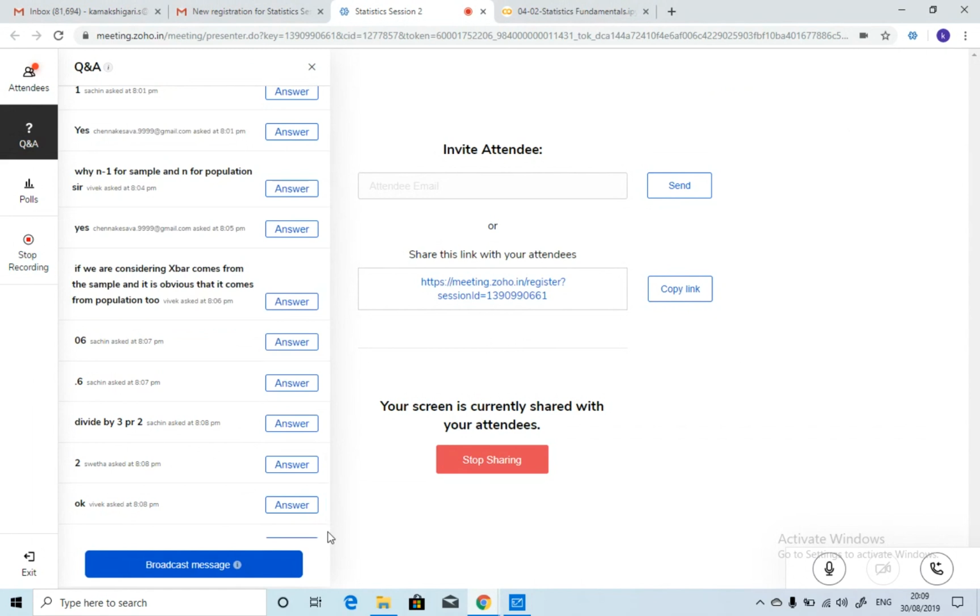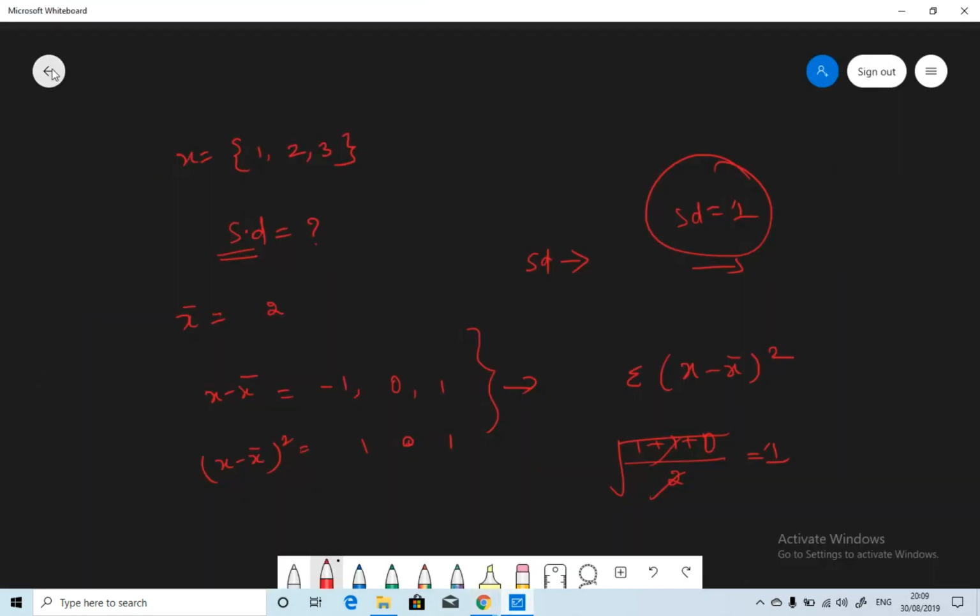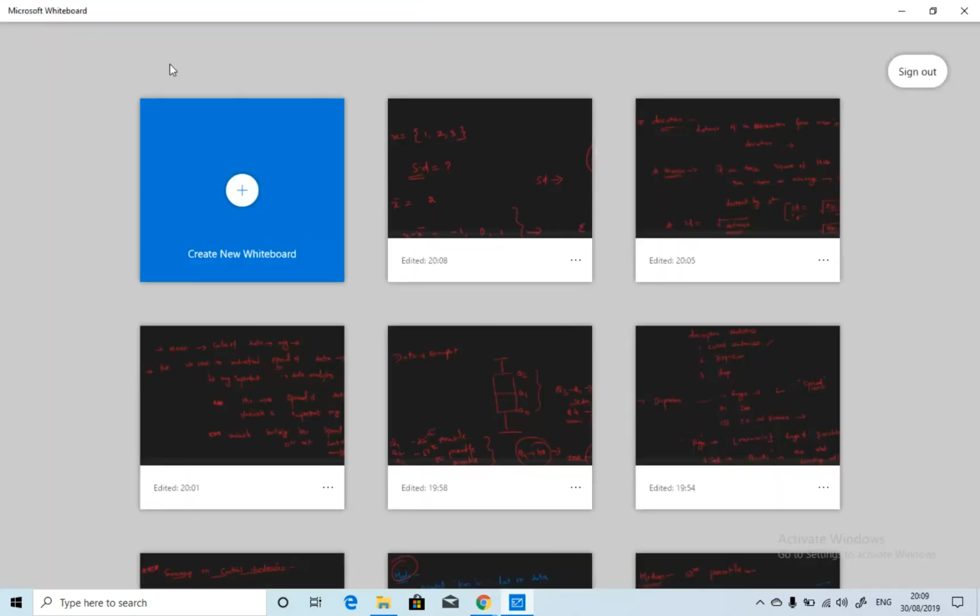Now you write down this one. Facts about variance and standard deviation.